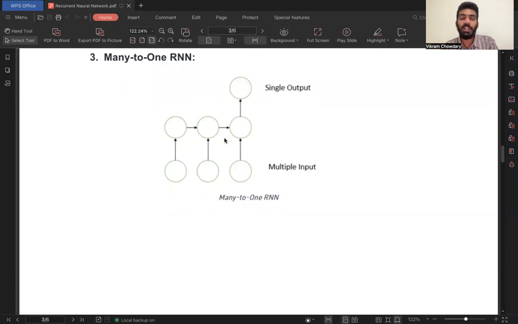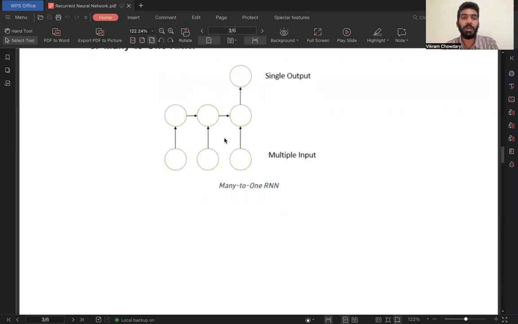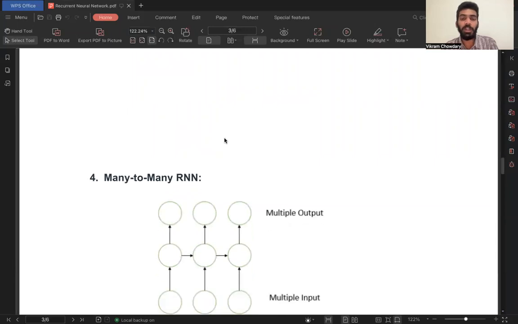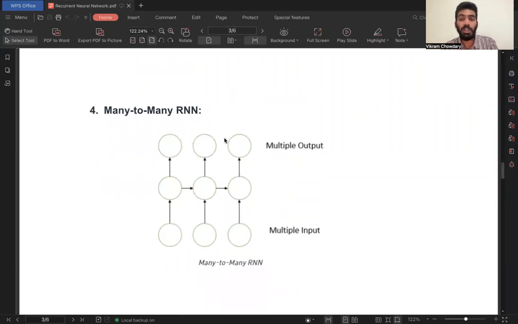Sentiment analysis is a good example of this kind of neural network, where a given sentence can be classified as expressing a positive or negative statement. The final type is the many-to-many neural network.